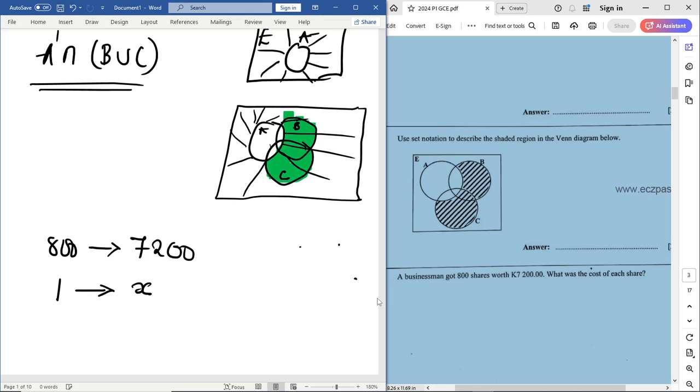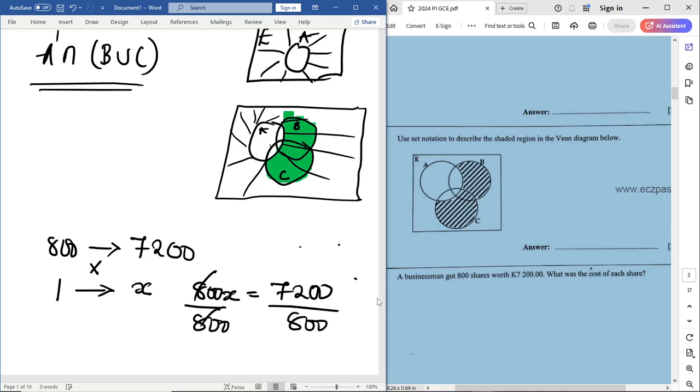We say 1 goes to x, because we don't know what x is. So here, cross multiplication, we're going to have 800x equal to 7,200. We divide by 800, we also divide by 800 there.